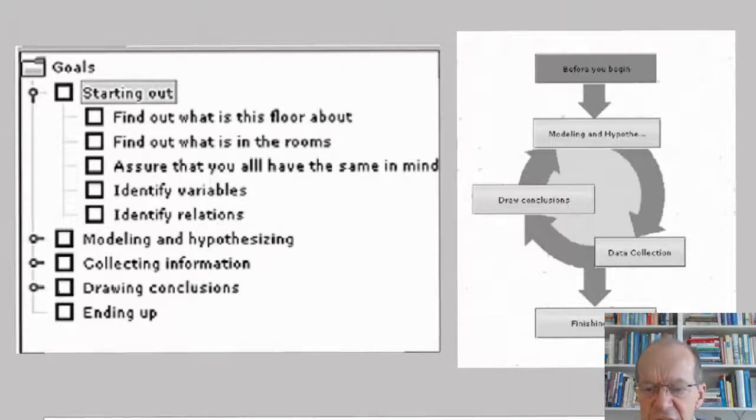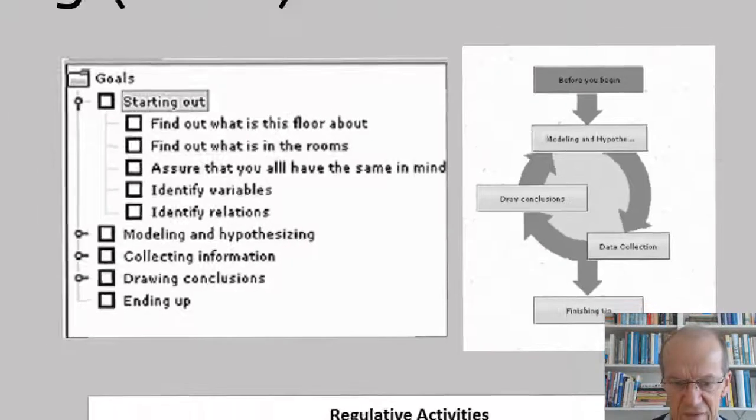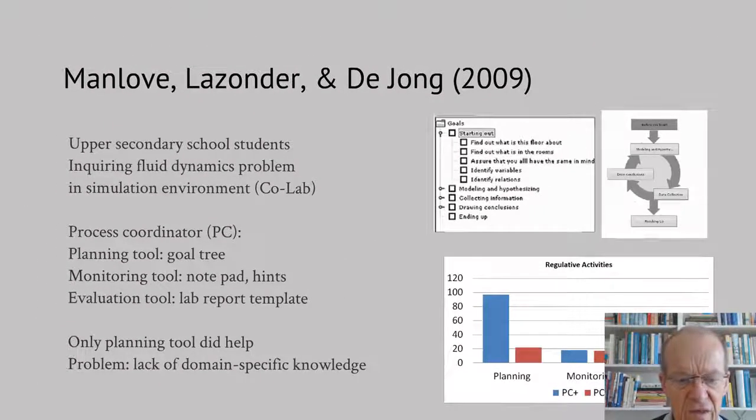In the right panel you see a more advanced planning tool in which all steps of doing an experimental study are made visible. Modeling and hypothesizing, data collection and drawing conclusions, and then finishing. And then you can zoom into each of these boxes, and then further goals will be explained to you. So that was one of the tools, the planning tool.